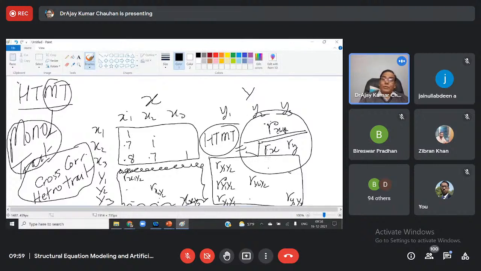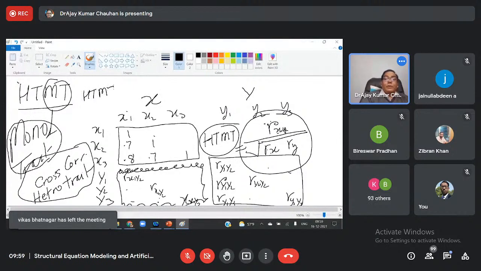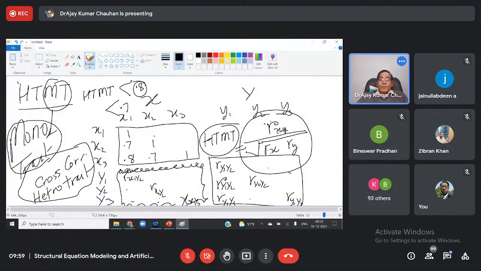This HTMT ratio is an indicator of discriminant validity. It should be less than 0.8, which is what the book says, but according to me it should be less than 0.7 for a good result. 0.8 is the maximum limit, and if it is greater than 0.9, it means there is a lot of bias in your data set, so your data set is not good.